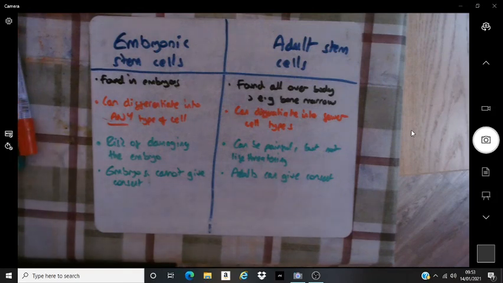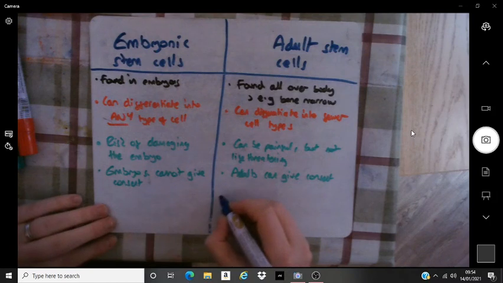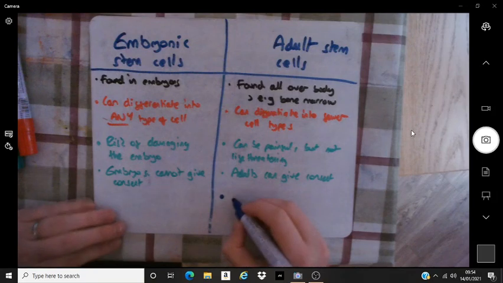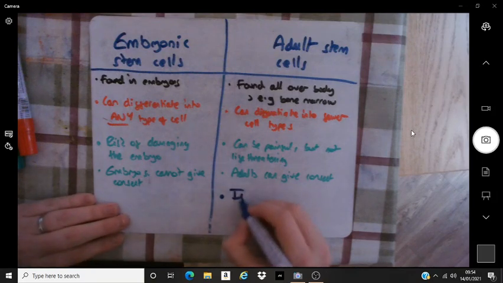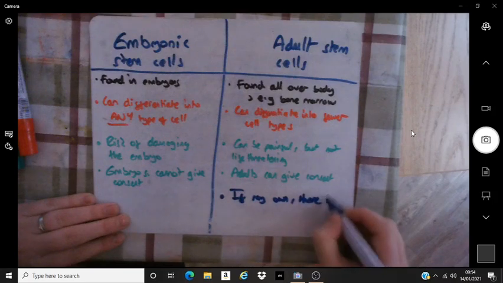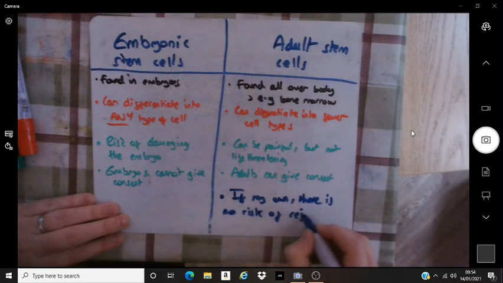So finally, embryonic stem cells and adult stem cells. If I can use stem cells from an adult, if I can use my own stem cells in particular, there will be no risk of rejection.